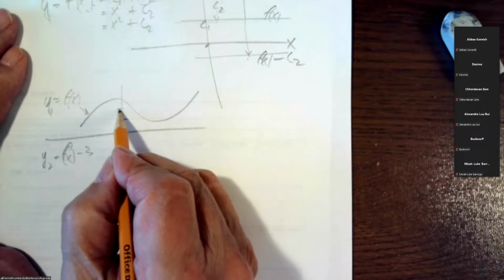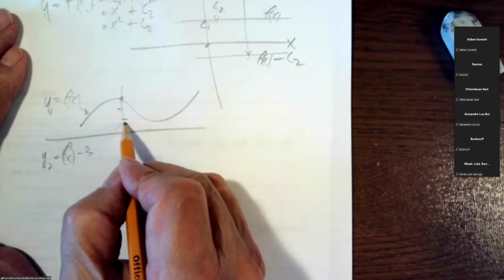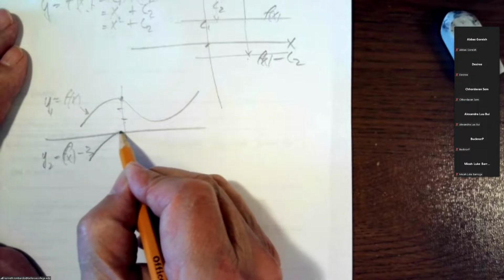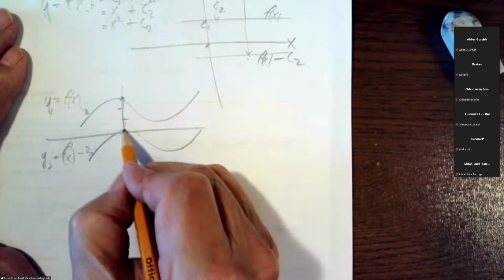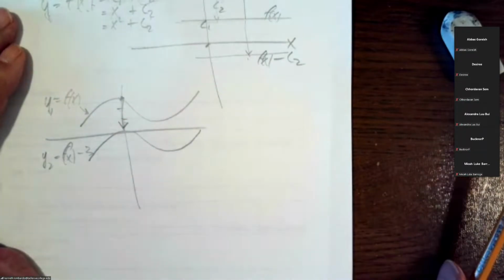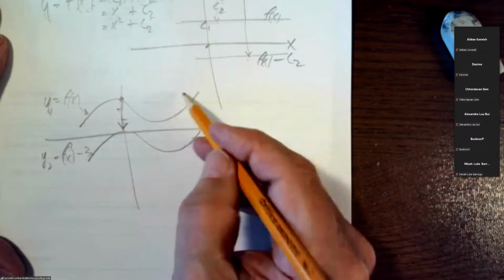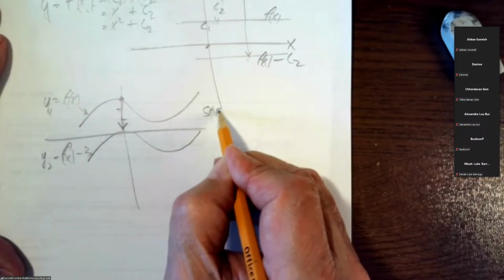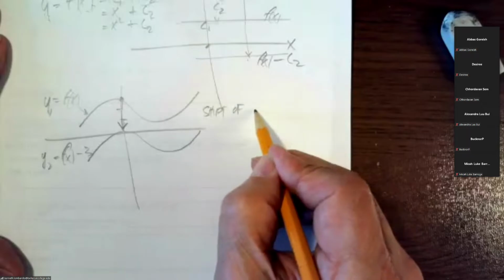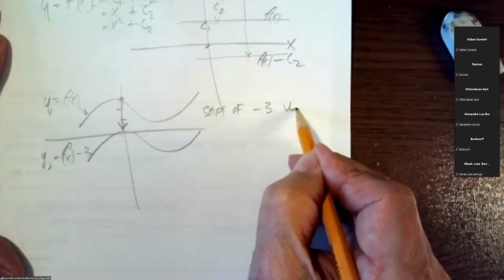So I might have 1, 2, 3. Here, if I shift this down 3, I'm looking at the same curve moved down that direction. Okay, so this is a shift of negative 3 vertical.